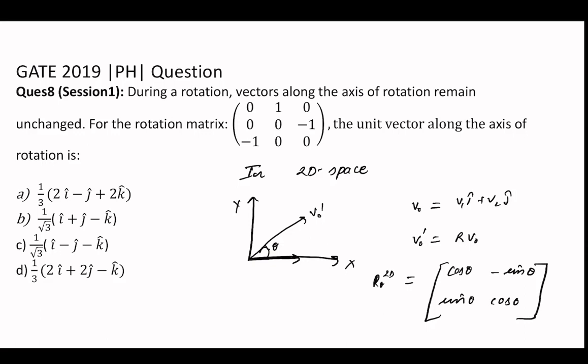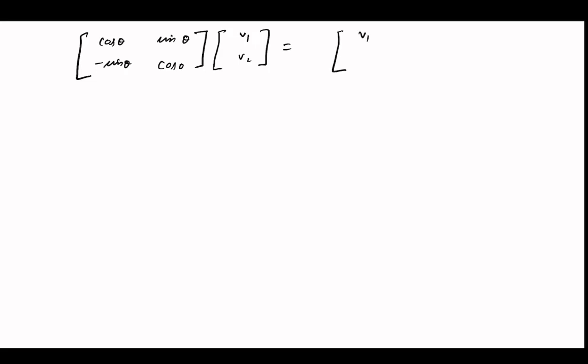So when this rotation matrix acts on a vector which is represented by v1 i cap, v2 j cap, it will give the transformed vector, which is nothing but v0 dash. Okay, and this is v0 and this is the rotation matrix. So the rotation matrix acts on this v0 vector and then it transforms into v0 dash.